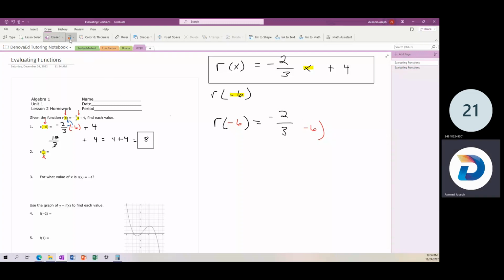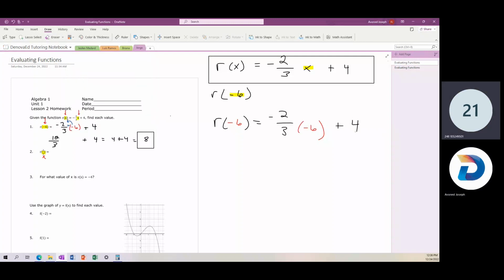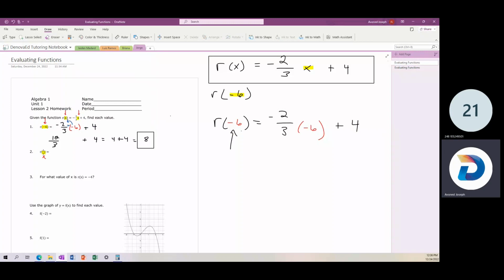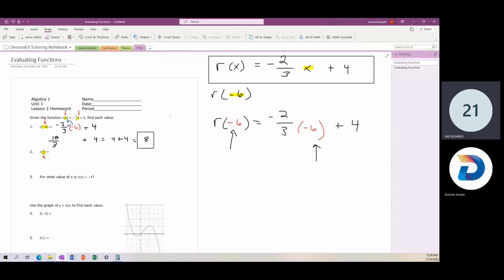I'm still working on number 1, and then we'll go to number 2. Whatever they give us as the value for x, we plug it in for x in the equation. Do you see that? Uh-huh.